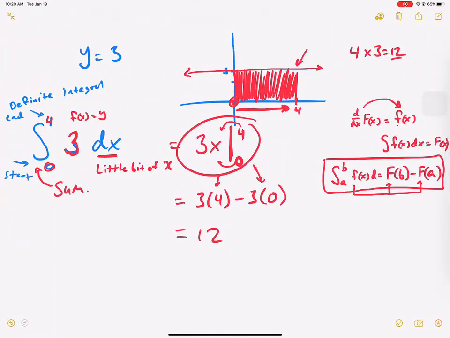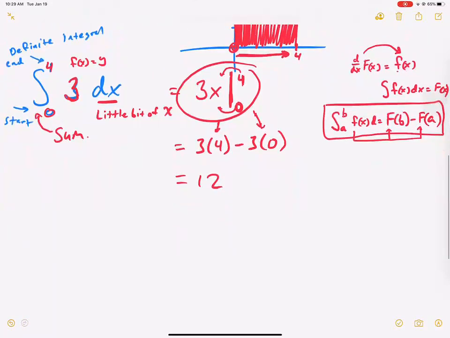Okay. All right, I'm going to give you guys another example real quick. It's going to be the integral from 0 to 2, and the function is going to be a simple graph of 1/2 x.